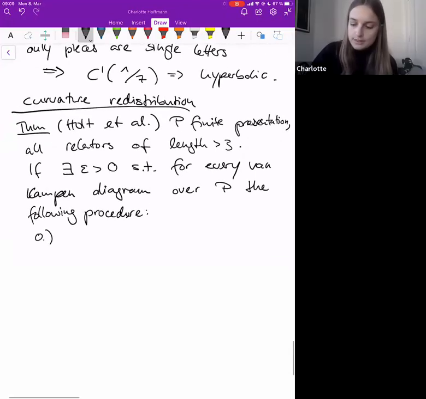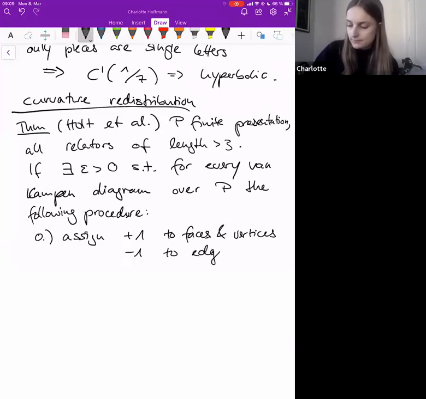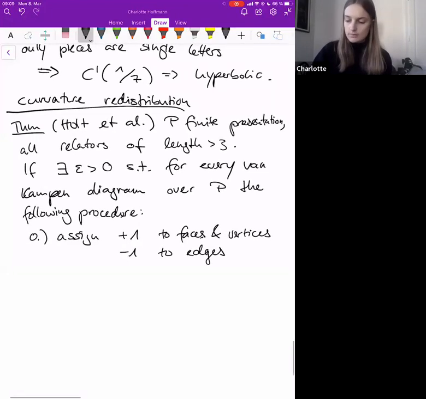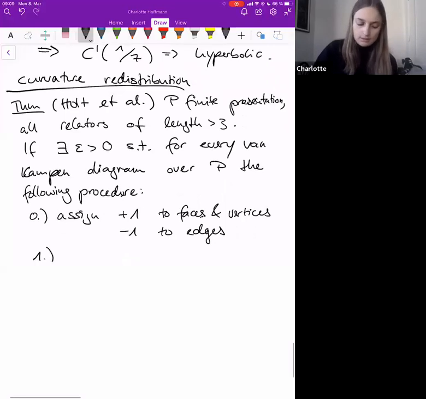First, we assign curvature +1 to faces and vertices. And then -1 to edges. And then in the next step, every edge gives half of its curvature to an end vertex. So to both of the end vertices.